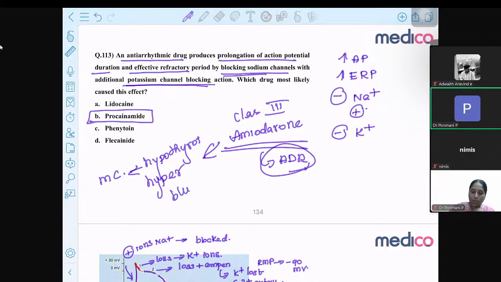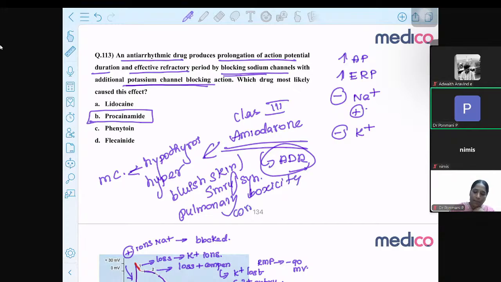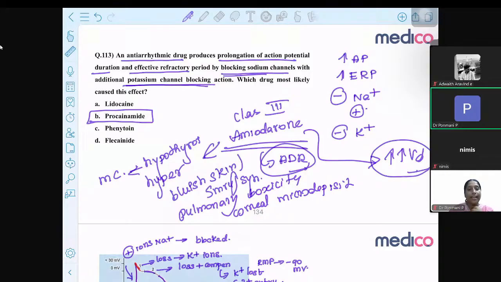It can cause bluish discoloration of the skin, also called Smurf syndrome. It causes pulmonary toxicity also. It causes corneal microdeposits. What does it mean? This means that amiodarone has a very large volume of distribution, and that is why it is getting deposited in most of the tissues.